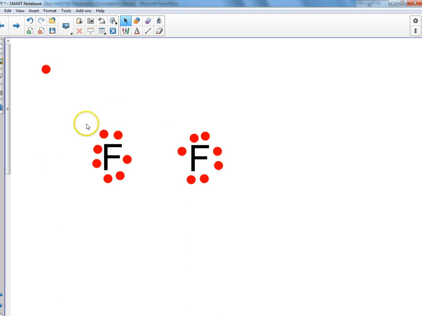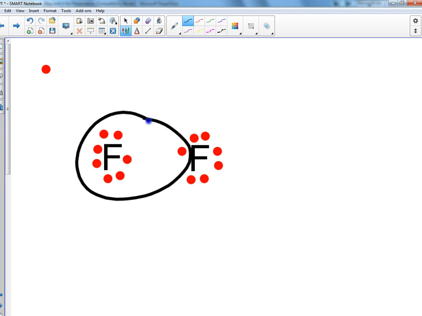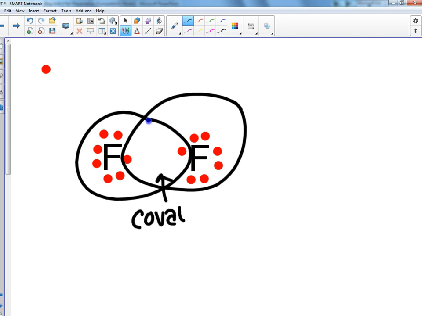So we can see that if this fluorine shares 1 electron with this fluorine, with a covalent bond, then they can each achieve their stable electron configuration of 8 valence electrons. And so fluorine is much more stable when it is F2, two fluorine atoms covalently bonded to each other, than when it is just F by itself, because now it's got 8 valence electrons.